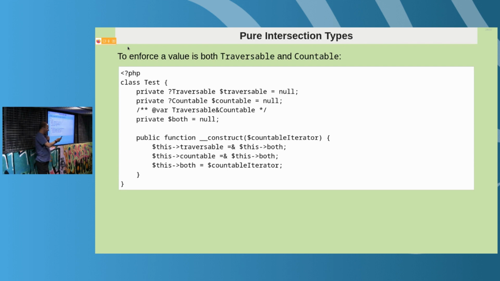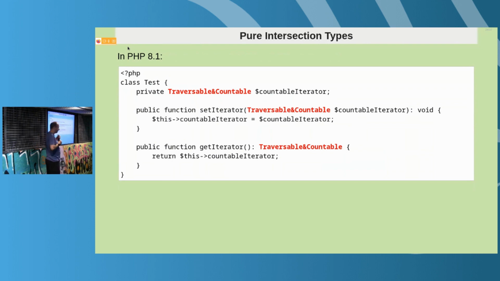Please don't do this. Instead, upgrade PHP and use this instead. So besides the union types, we now have these intersection types to define that an argument needs to implement both interfaces. It can also be either a class or an interface, but you can't do this with scalar types like integer or string, because something can't be both an integer and a string at the same time.